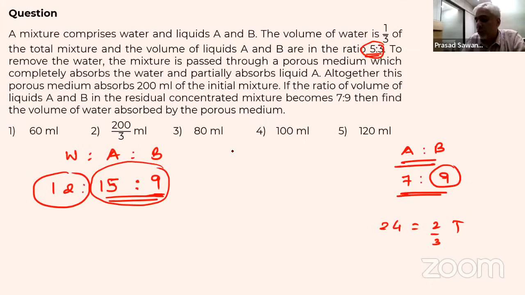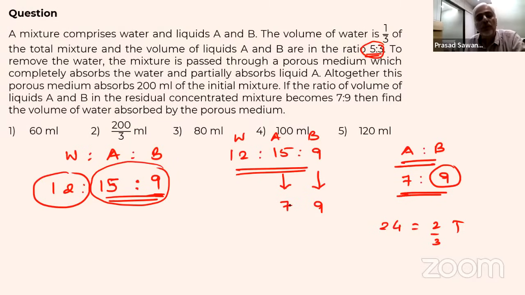So I got initially water is 12, A is 15, and B is 9. B remained 9. A became 7. So how much of A was removed? 8 of A was removed.